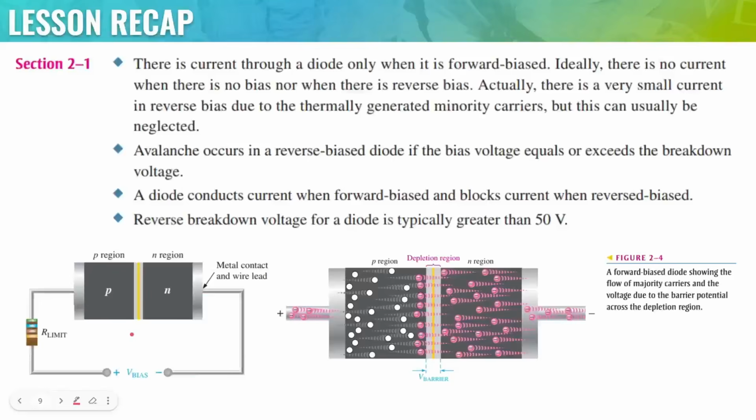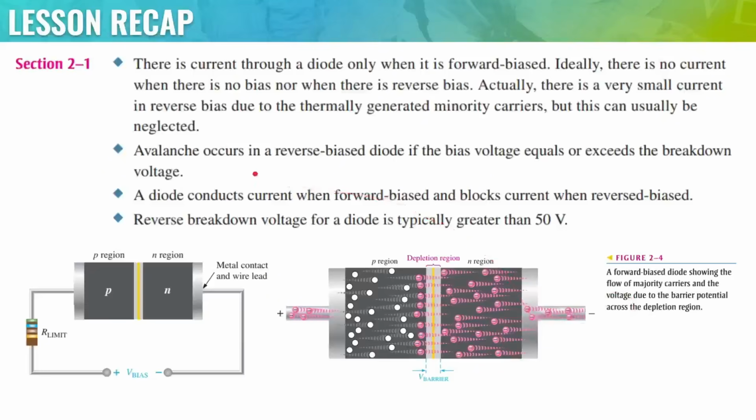There can also be other elements in series or in parallel with it, such as a resistor. If you see R limit, it simply means that this is the resistor that is limiting the current that is going through this diode. Again, if we're going in this direction, this is conventional, and this is electron.